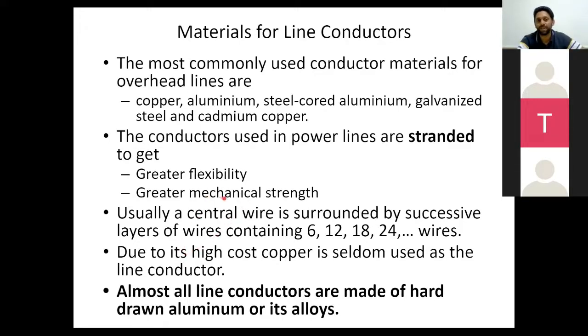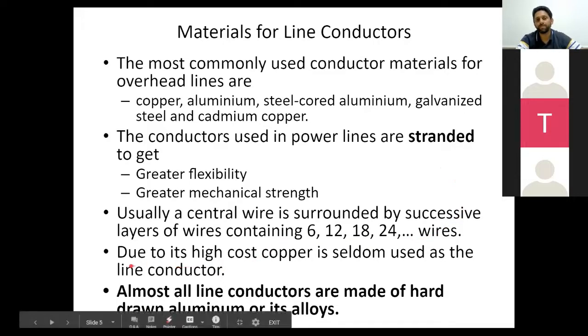That is, you will get higher flexibility and also higher mechanical strength. When you make the strand, there are different types of wires available, in different wire gauges. Depending on the wire gauge, there may be 6 strands, 12 strands, 18 strands, 24 strands, like this.